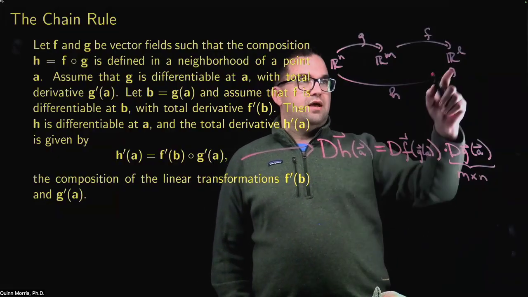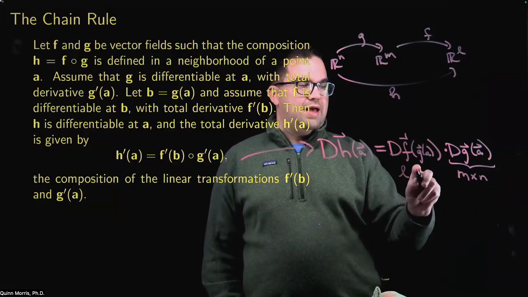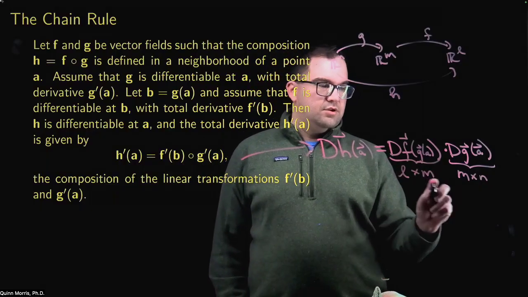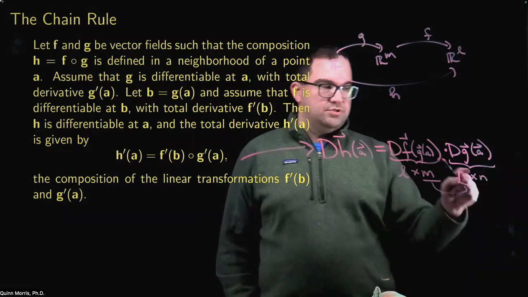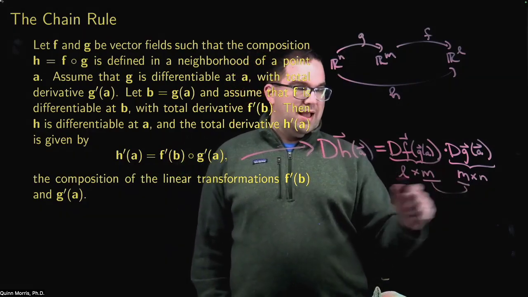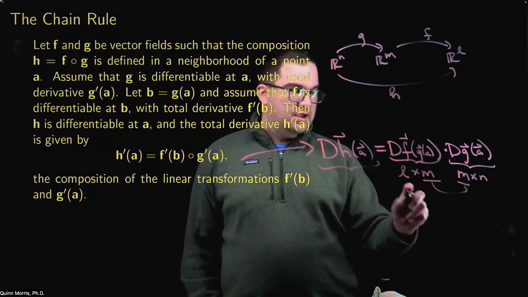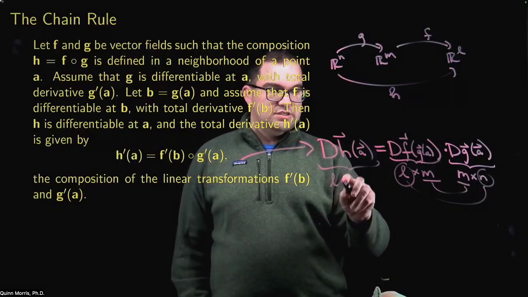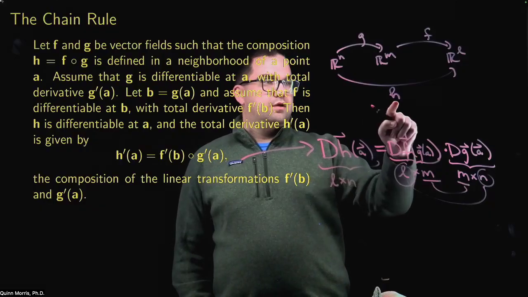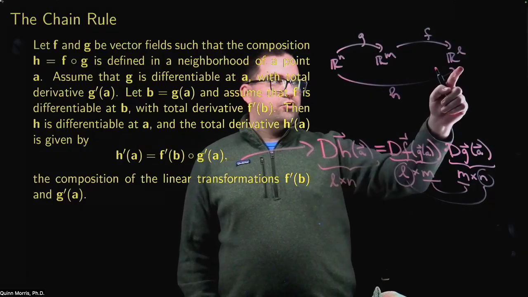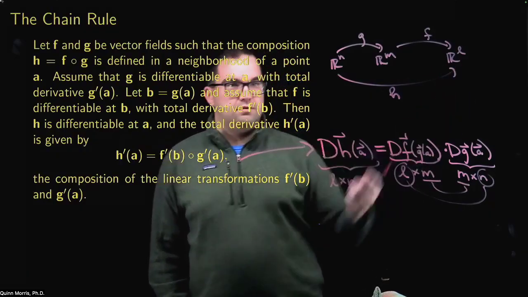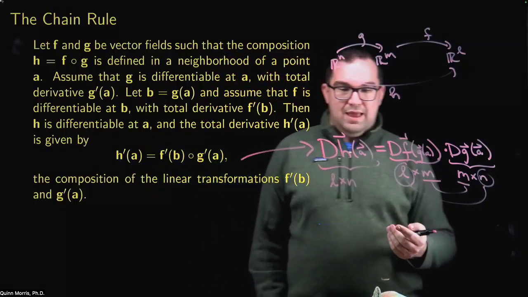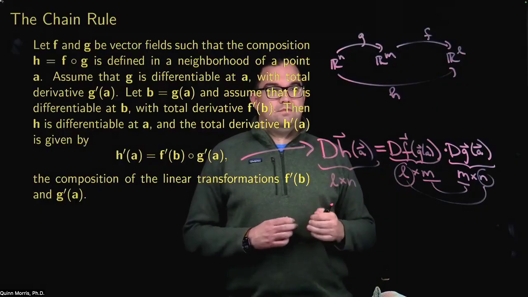The Jacobian of F is going to be an L by M matrix. Notice these inner dimensions match, which is good. So the products match, and my output is going to be an L by N matrix, which is exactly what H maps from Rn to Rl. So the Jacobian matrix should be an L by N matrix.